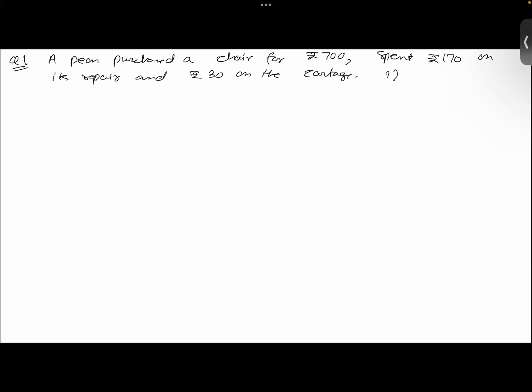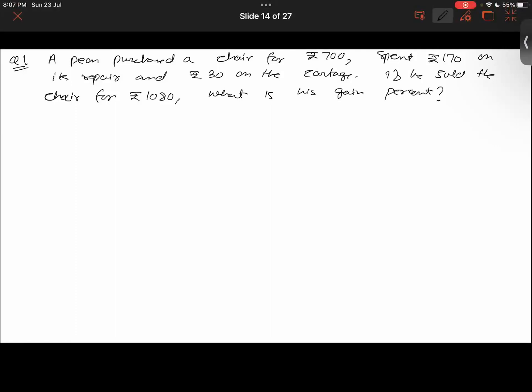Now if he sold the chair for rupees 1080, what is his gain percent? Calculate this one. Whoever solves first will give me the answer.